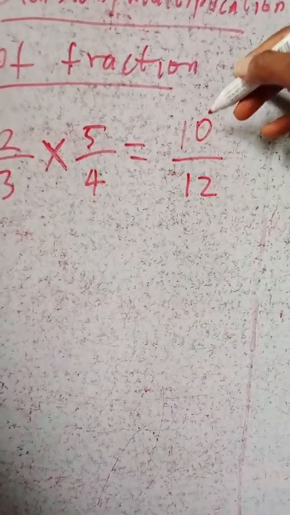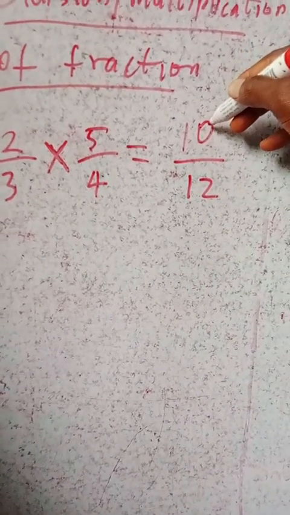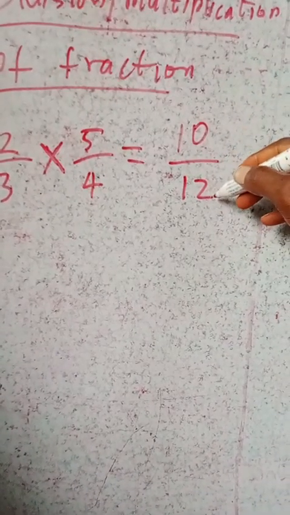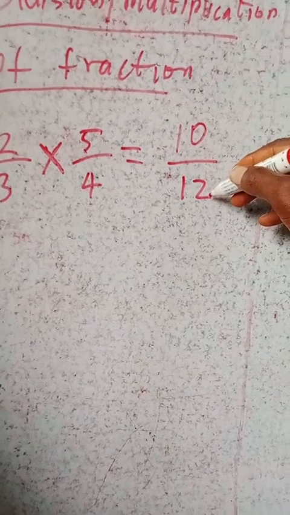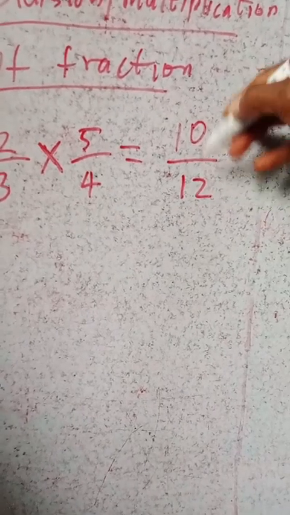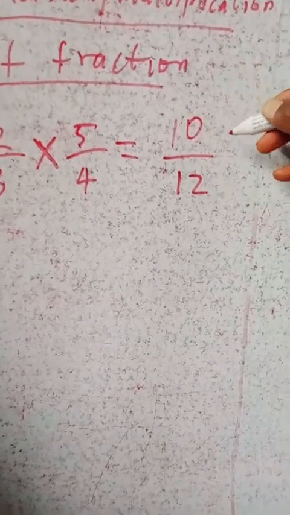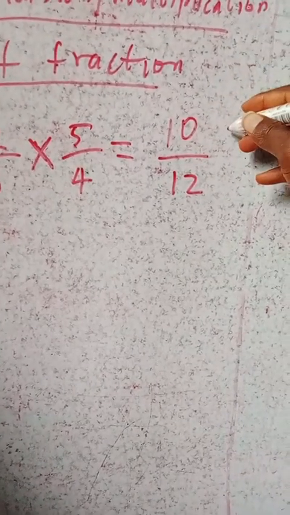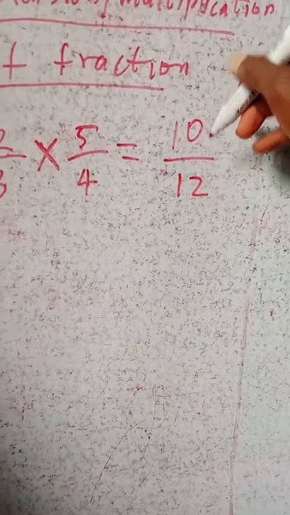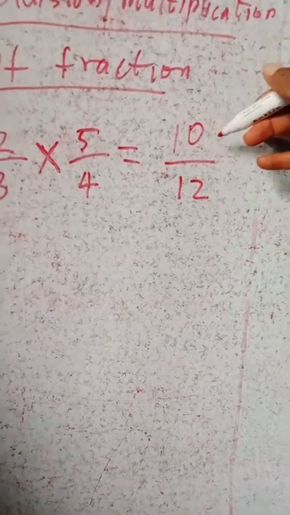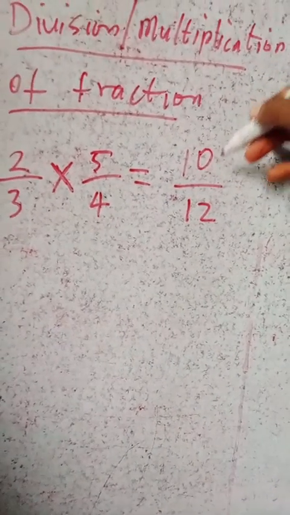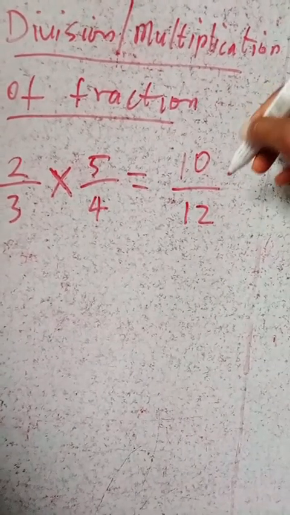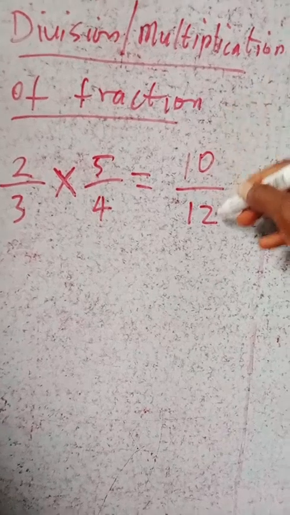Now 10 as the numerator has the same factor as 12. Though it is a proper fraction, it is not in its simplest form. We cannot leave it like this, because there's a factor that can divide them both.